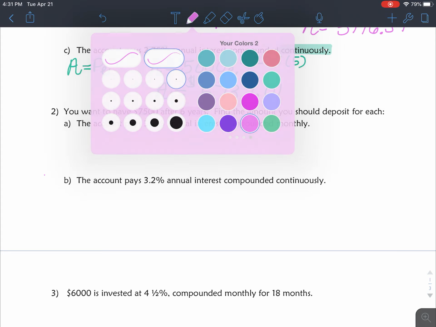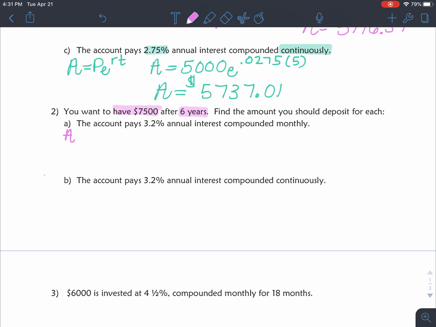So that's telling me my final amount I want is $7,500. And my T is 6. Now, find the amount you should deposit. So we need to find P.